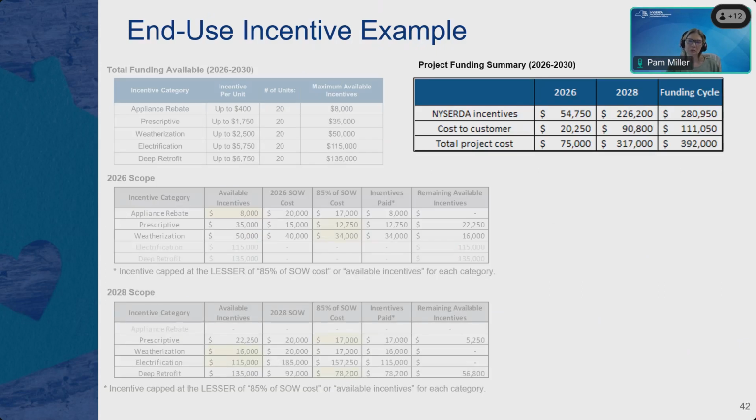Here's just a quick summary table of what that looks like over the life cycle of that project in this funding cycle. So total NYSERDA incentives paid were $280,950. The cost that the customer had out of pocket was $111,050. For a total $392,000 project, that's not a really bad incentive to be looking at.